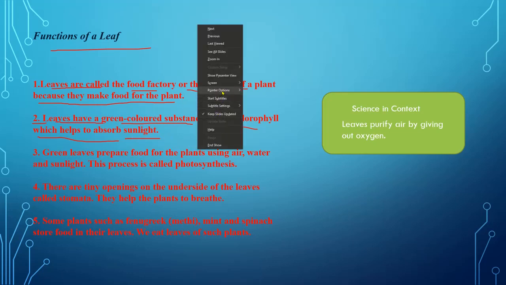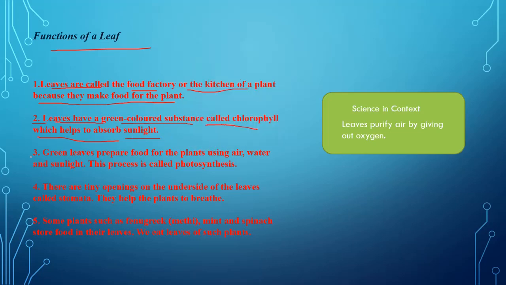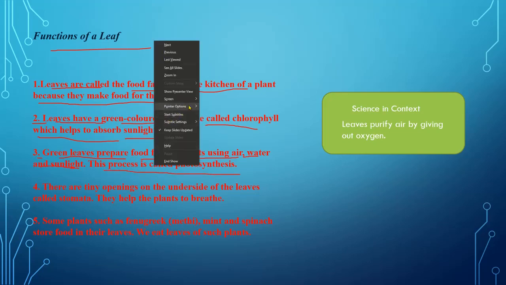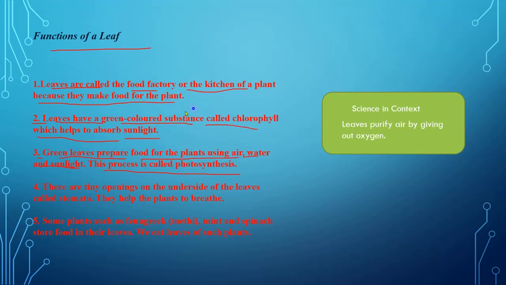Let us read the third point. Green leaves prepare food for the plants using air, water, and sunlight. This process is called photosynthesis. Not only green leaves, many leaves prepare food for the plants using air, water and sunlight.